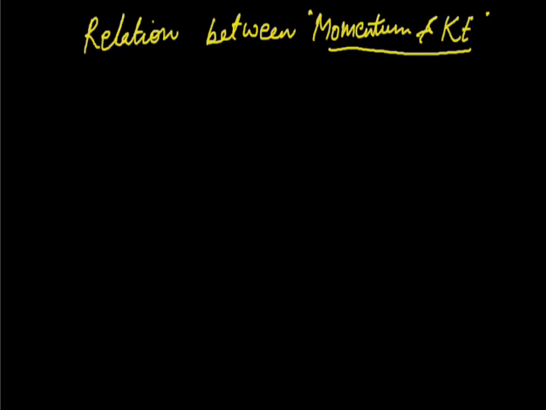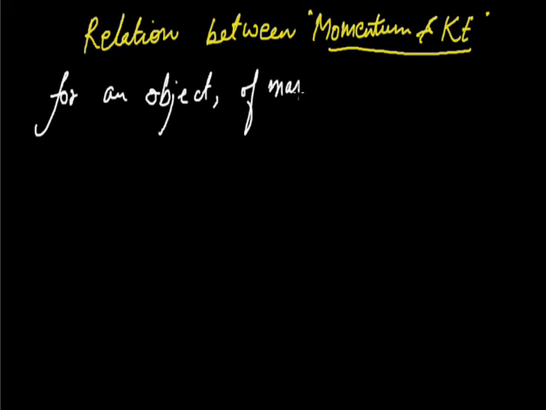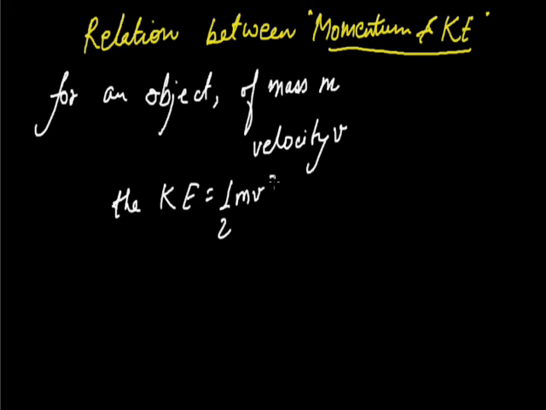Relation between the momentum and the kinetic energy. For an object of mass m and velocity v, the kinetic energy can be written as half into m into v square.